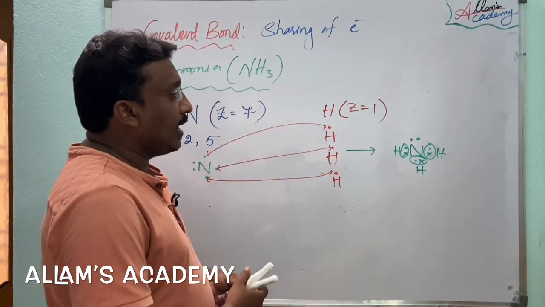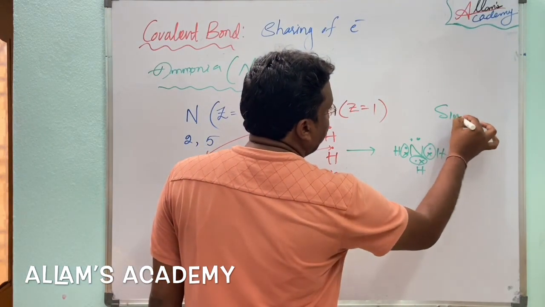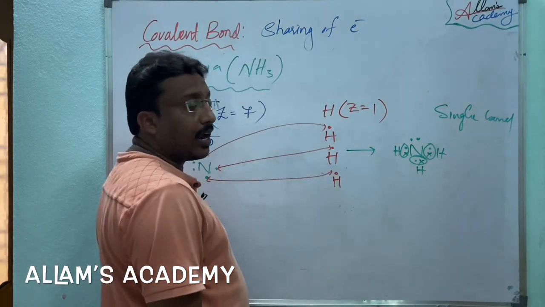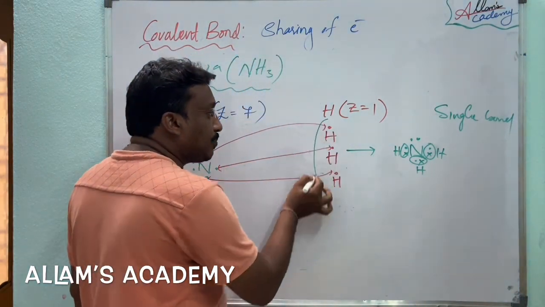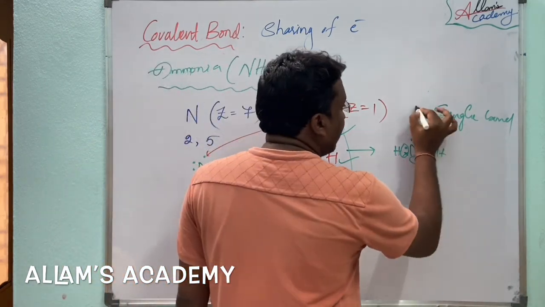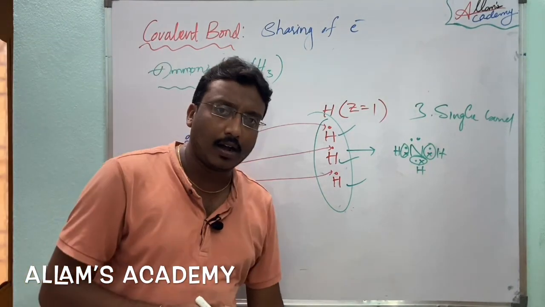So it is an example of a single bond only. But how many bonds take place? 1, 2, 3, so 3 single bonds take place to form the ammonia molecule.